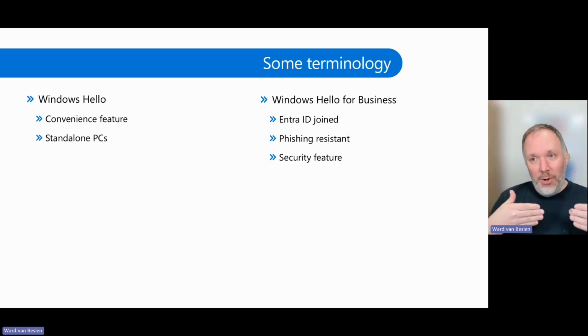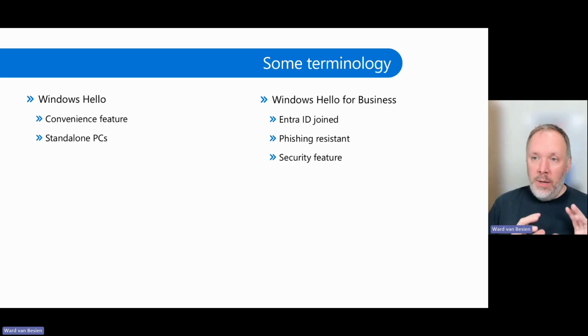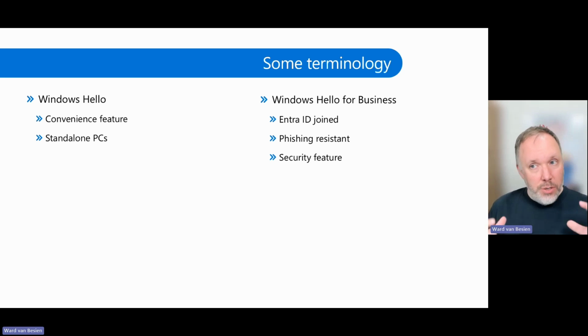So Windows Hello for Business is what happens. Well, when you look at the two, the user experience is identical, so the user doesn't notice it. But when you join a Windows machine to Entra ID, not registered, just joining, then you can sign into that PC using an Entra ID credential. We call that Windows Hello for Business because it is a registration where your PC actually establishes a relationship into Entra ID.